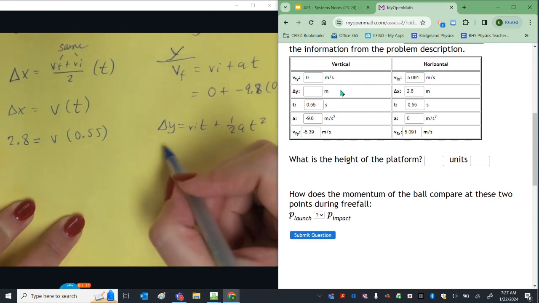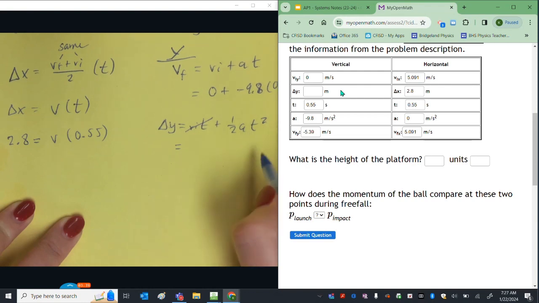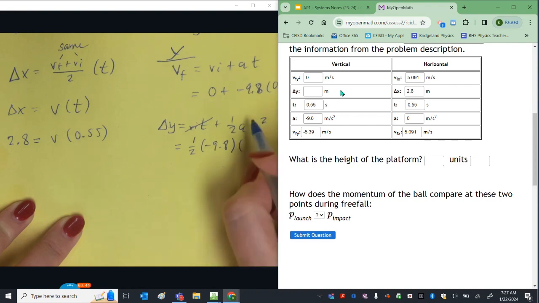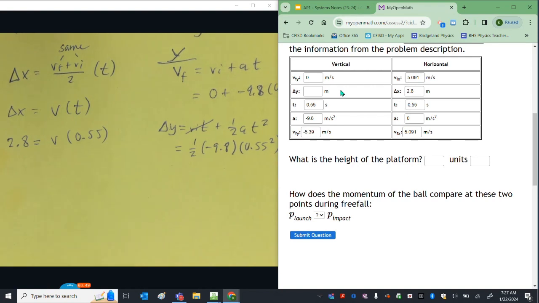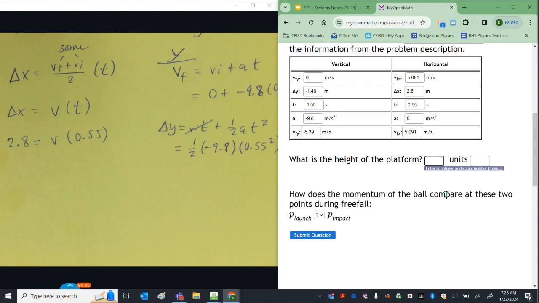Okay, so plugging in, Vi t goes to 0 because the initial velocity is 0. 1/2 times negative 9.8 times 0.55 squared should give me my vertical displacement, which is going to be negative 1.48, which makes the height of the platform 1.48. It's going to fall by that distance because that's how tall it is.